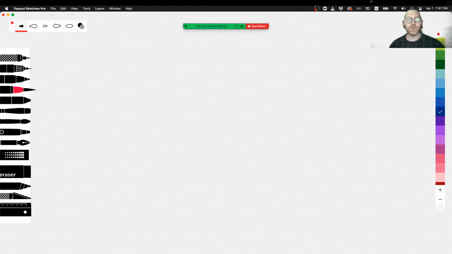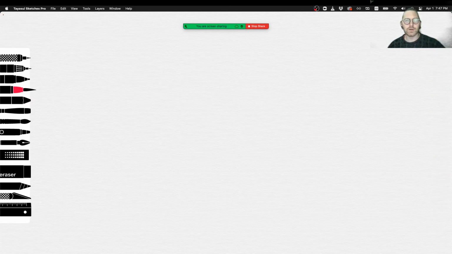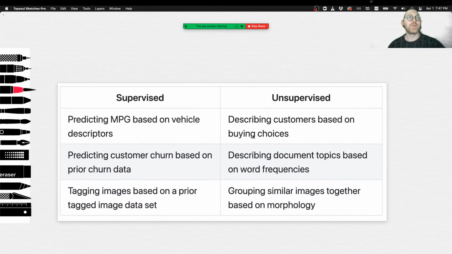If you want to think about some examples of this, I've got a few here. So what you might do with a supervised algorithm, you might predict miles per gallon based on vehicle descriptors like size of the engine block, volume of the differential, whatever makes sense.